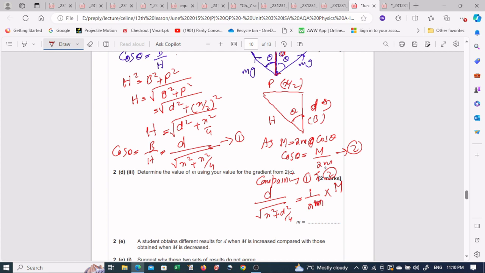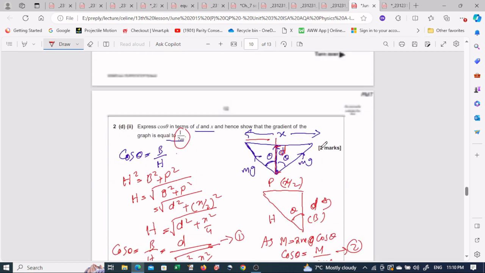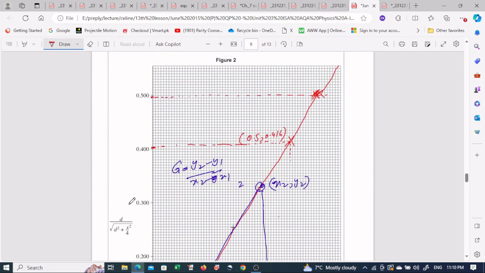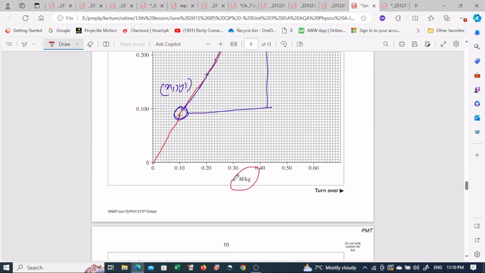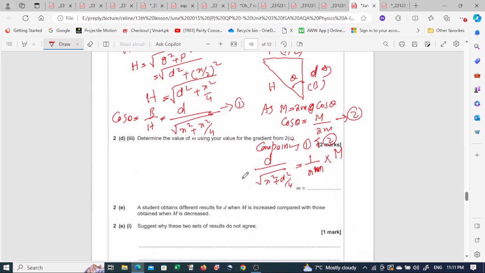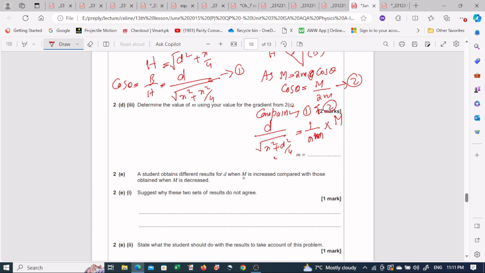If we see that graph, on the y-axis we have this value. This is the y, and this is x. Capital M is x, and this thing is y. So as we know, y is equal to mx. This is the equation for the straight line.